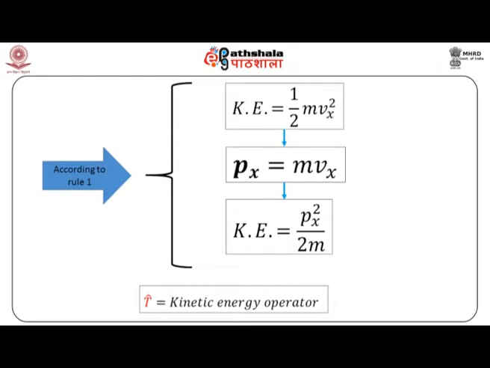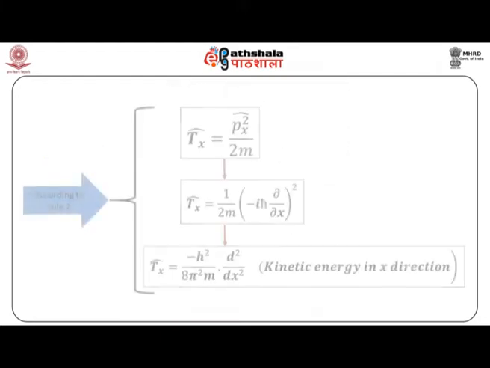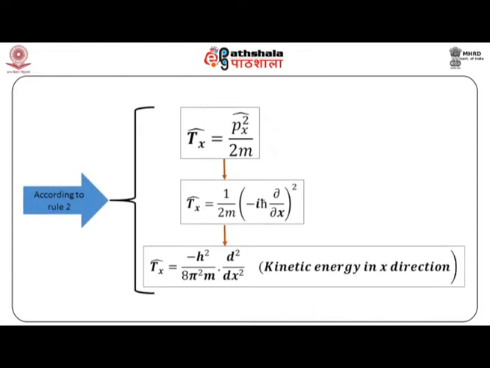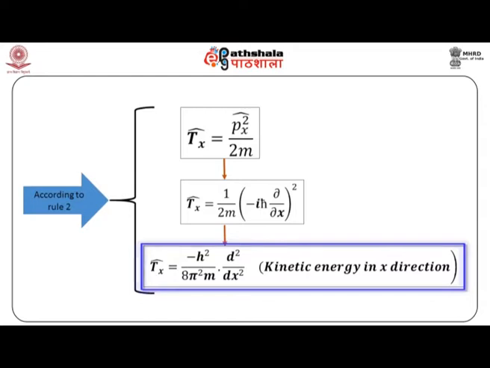Now in this classical expression, we apply the second rule, and that is we write the fundamental operators. We have already learned that px is the linear momentum operator in the x direction. So we substitute its value in the expression. And as you can see, once we do that, we get the corresponding Tx, the kinetic energy operator along the x direction, equal to minus h square upon 8 pi square m d2 by dx2.